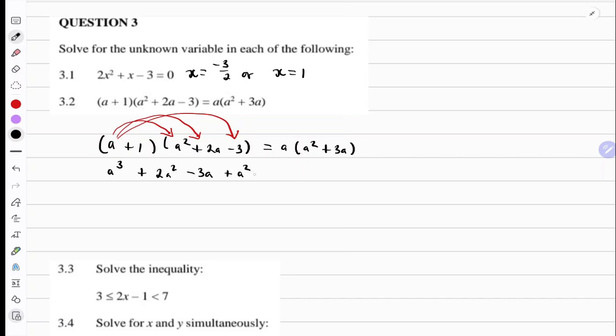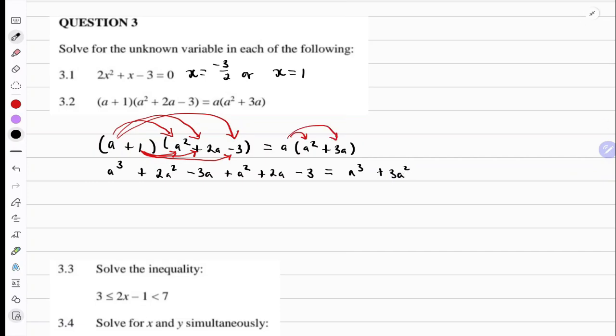Positive 1 times positive 2a is 2a. And 1 times negative 3 is negative 3. So likewise, I've also distributed 1 to the terms in the second bracket. So let's reduce the right hand side. A times a squared is a cubed, and a times 3a is 3a squared.